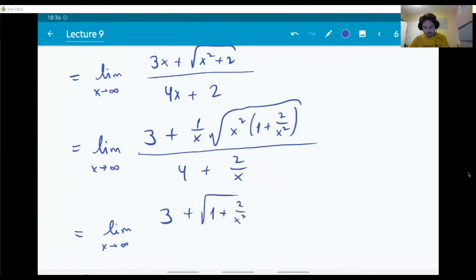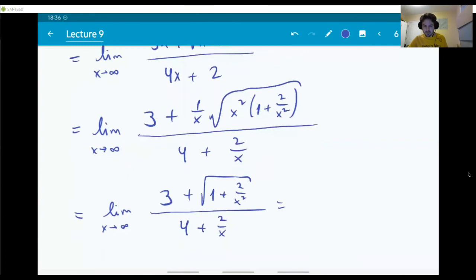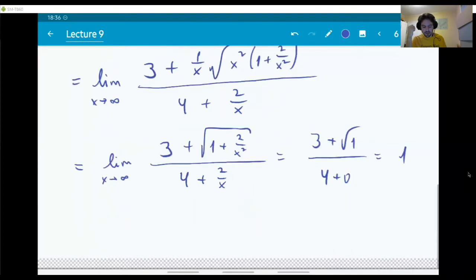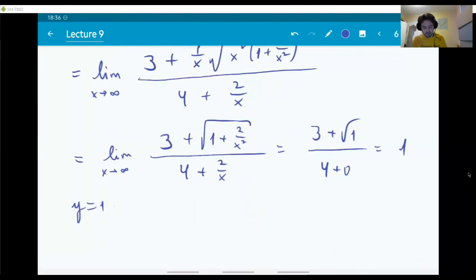And you finally have an expression for which the limit can be computed. What is it in this case? Plug in infinity into the 2 over x and the 2 over x squared. Those are all 0. So you have 4 over 4, which is 1. A finite number. All right, so that means y equals 1 is an asymptote, a horizontal asymptote, I should say.